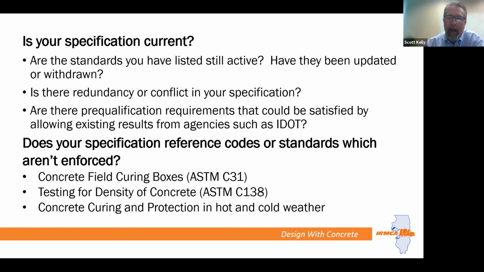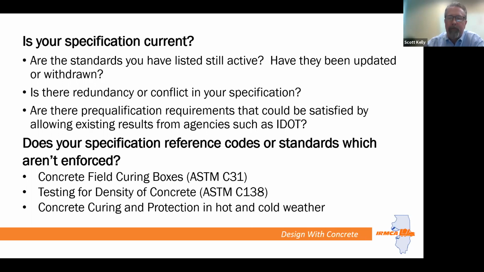Whether that's good or bad, my understanding is they were reorganized to kind of follow the design and construction process. It takes a little getting used to, but if there are references within your specification to specific chapters or sections of 301 or 318, it's possible that they've been relocated or updated. So agencies should continually update their specification as these new publications come out, and be aware of those code changes as they come about.